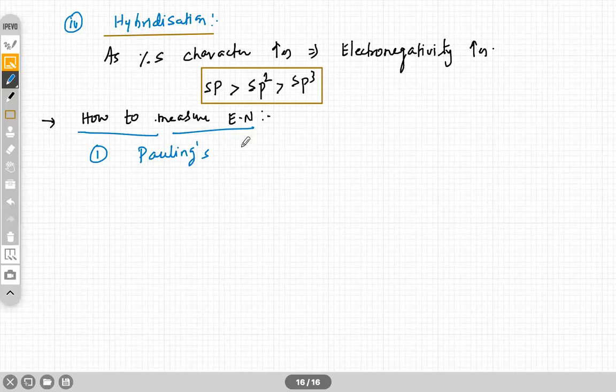The formula for the change in electronegativity we'll find by 0.208 root over delta AB.